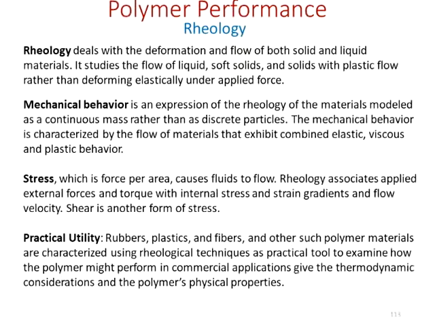The mechanical behavior is characterized by the flow of materials that exhibit combined elastic, viscous, and plastic behavior. You'll often hear the term viscoelastic behavior. It means that what it performs is based upon its viscous or viscosity properties as well as its plastic behavior. You'll learn a little bit more about what those behaviors look like in this chapter and how they are assessed.